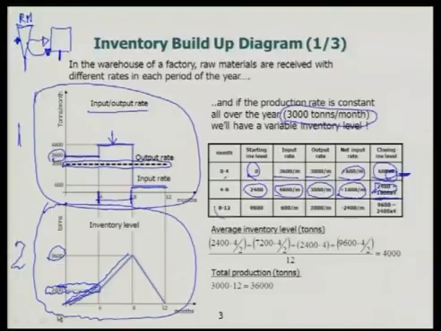In the last 4 months, month 8 to 12, the starting inventory level is 9,600, which is this point, the spike in the inventory build-up diagram. The net input rate is very low, 600 tons per month, so it is not enough to cover a production rate of 3,000 tons per month, but thanks to the presence of the inventory, we can anyway grant the output rate of 3,000 per month, of course depleting our inventory at a rate of minus 2,400 tons per month and going back to zero at the end of the time interval.